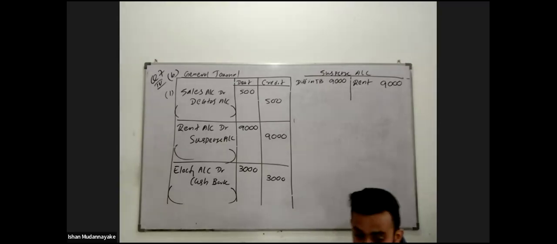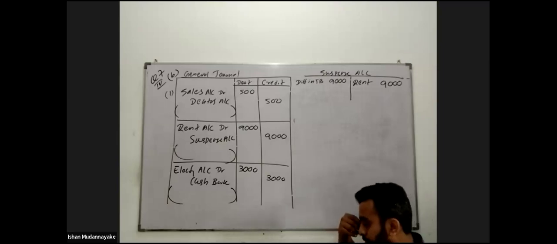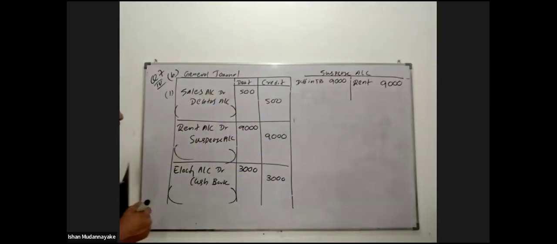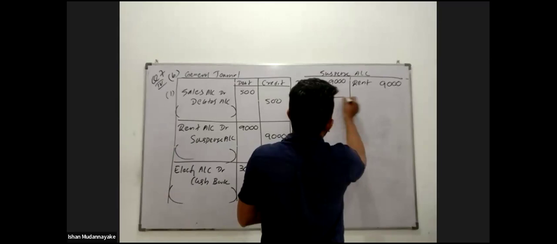Write down. Recording of omitted electricity bill of 3,000. Right, done. Finish.